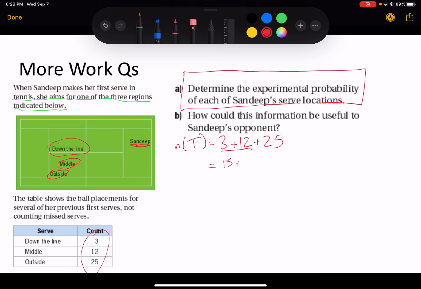That's 15 plus 25, which is equal to 40. So once again, probability P of A, I'm going to call this N of A. And that's going to be equal to 3 out of 40. That's going to be 12 out of 40. And that's going to be 25 out of 40.